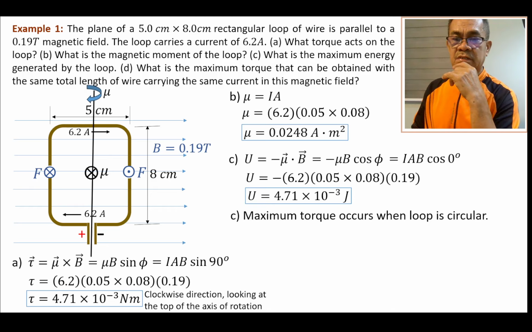And according to the problem, what is the maximum torque that can be obtained with the same total length of wire carrying the same current? So meaning the same current 6.2, the same length of wire, then what is the maximum torque?